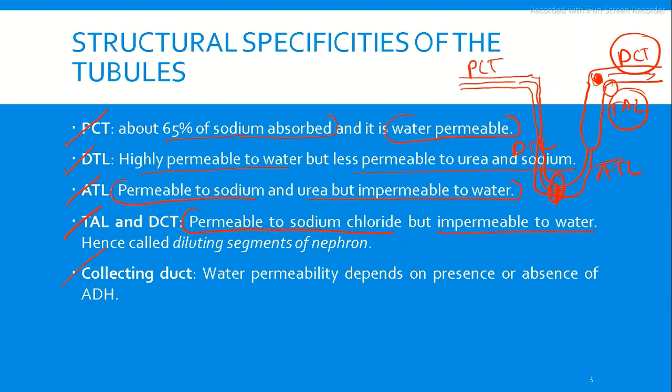Okay, so this ADH, as the name suggests, is an anti-diuretic hormone. It will prohibit the excessive excretion of water through the urine, so it will cause retention of water. In the presence of ADH, there will be expression of water channels in the collecting duct, through which the water will move into the interstitial fluid.